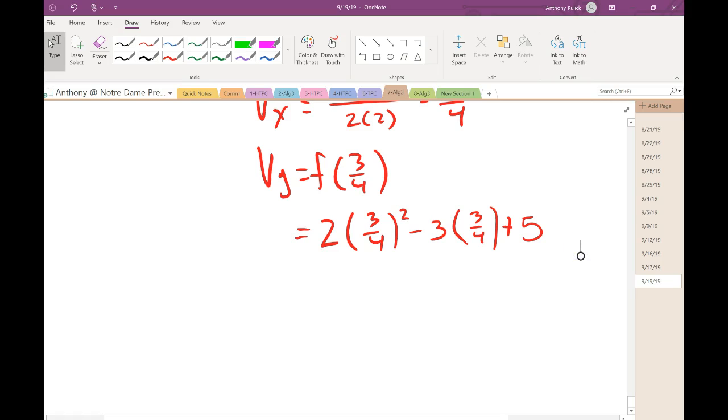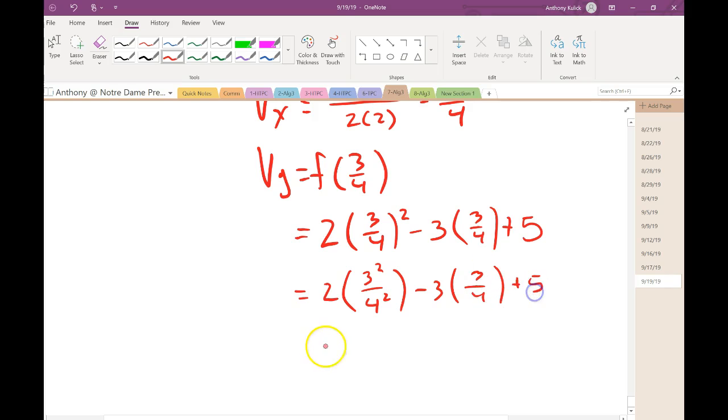According to my order of operations, the first thing I should do is the exponent. How do I square a fraction? Well, you just square the top, and you square the bottom. 3 squared is 9. 4 squared is 16.